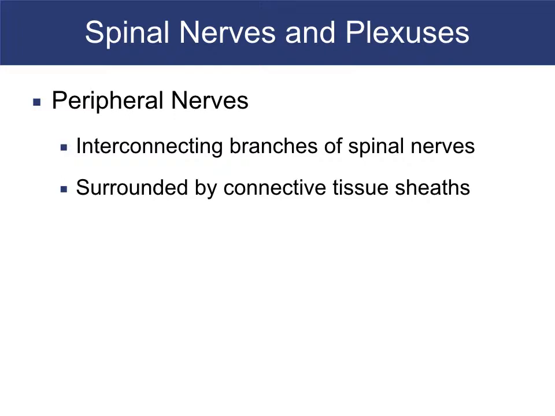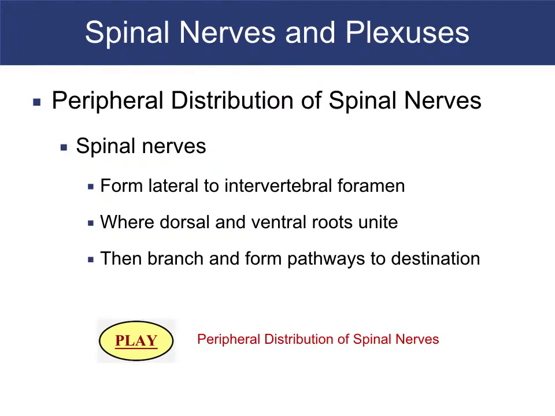You don't have to memorize all that, but just know that the nerves don't stay as single spinal nerves all the way out in the periphery. And we're also going to talk about the plexuses, where they really get scrambled.